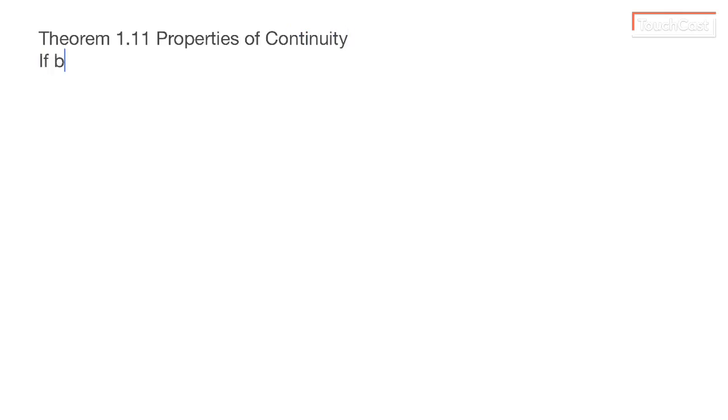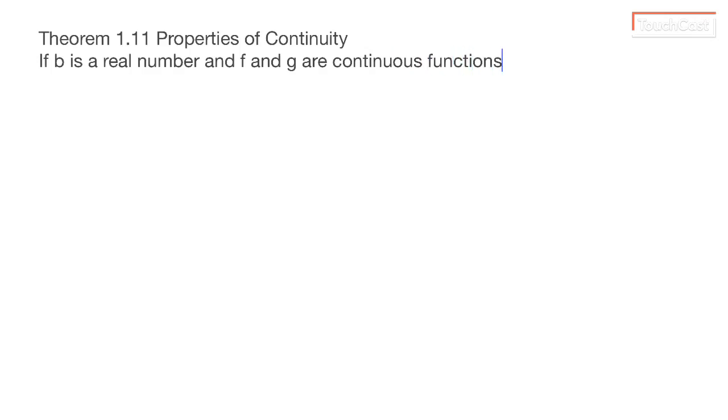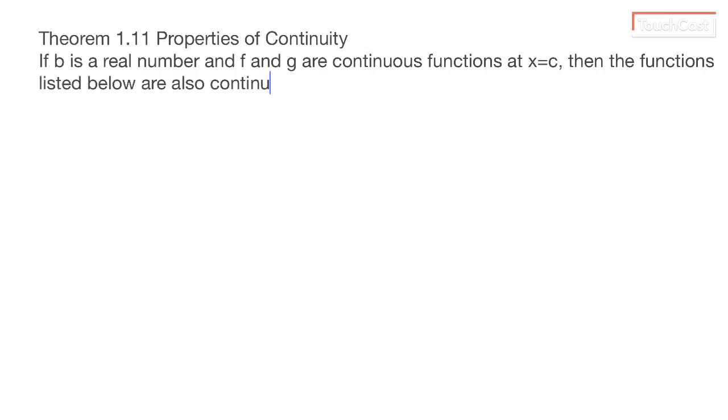We say if b is a real number and f and g are continuous functions at x equals c, then the functions listed below are also continuous at c.